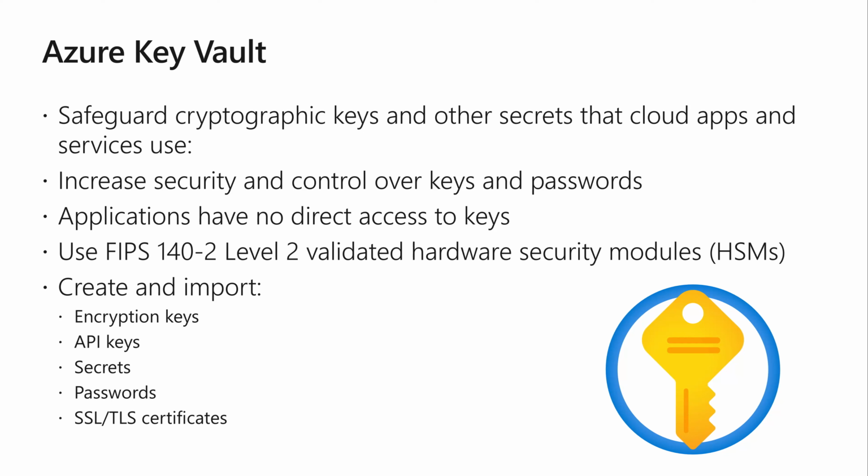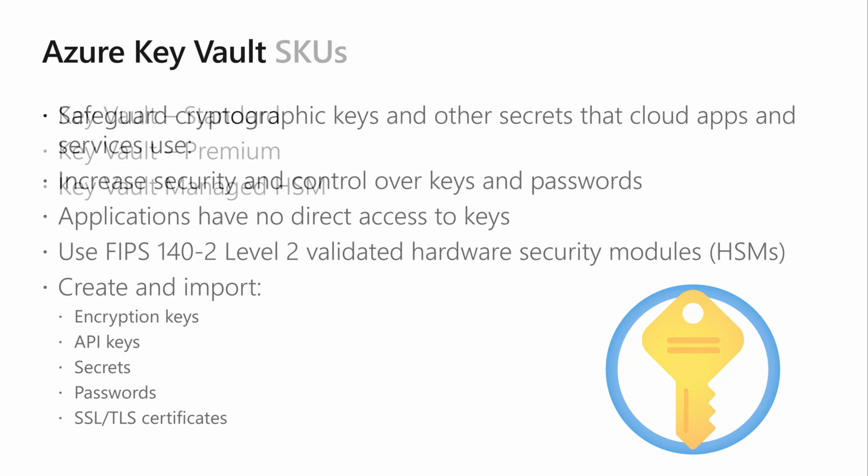It has a lot of certifications around security that can actually reach FIPS 140 level 2, okay? By using, in this case, Key Vault Premium, which uses HSM, hardware security modules. You can create and import encryption keys, API keys, secrets, passwords, SSL and TLS certificates, just some use cases for this.